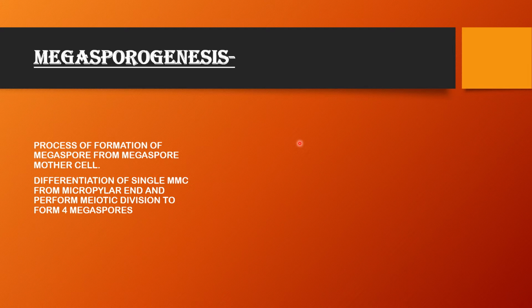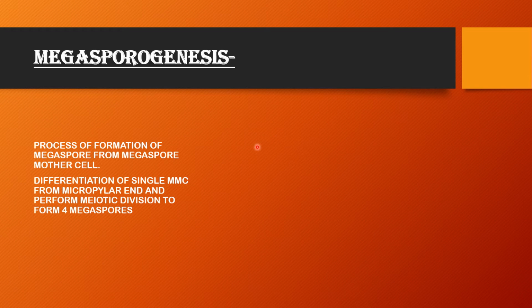Any cell of the nucellus at the micropylar end differentiates and behaves as the megaspore mother cell. Each nucellus cell has the capacity to develop into a megaspore mother cell, but only one cell at the micropylar end differentiates and behaves as megaspore mother cell.